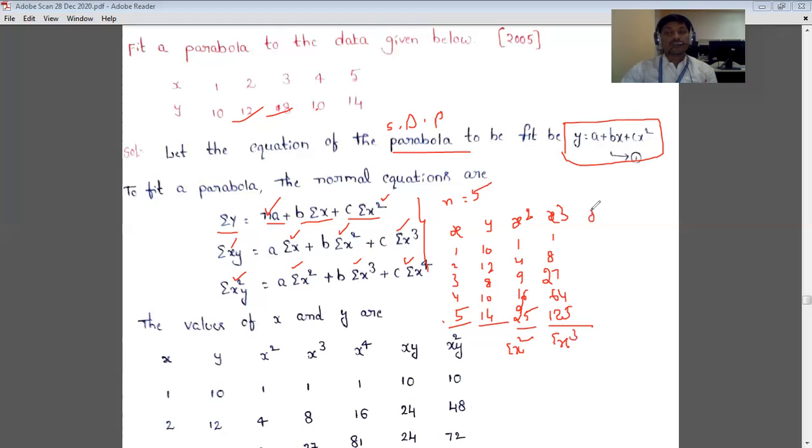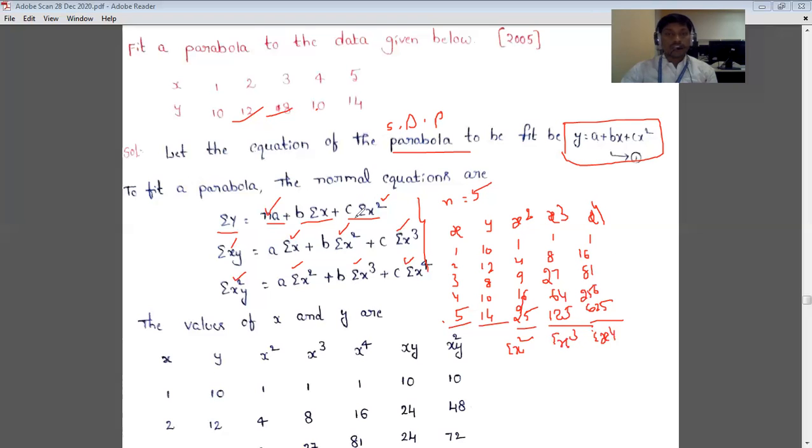In the same way for x power 4: 1 power 4 is 1, 2 power 4 is 16, 3 power 4 is 27 into 3, 81, and 4 power 4 is 256. Next this is 625. By adding all these values we get summation x power 4.